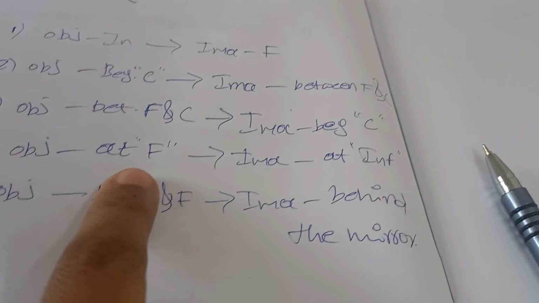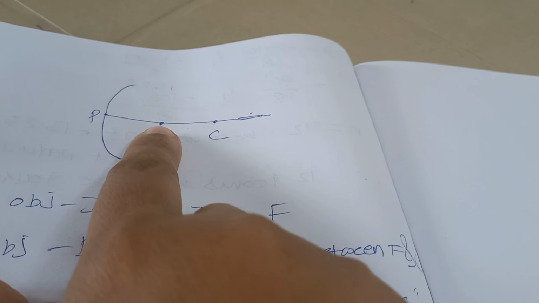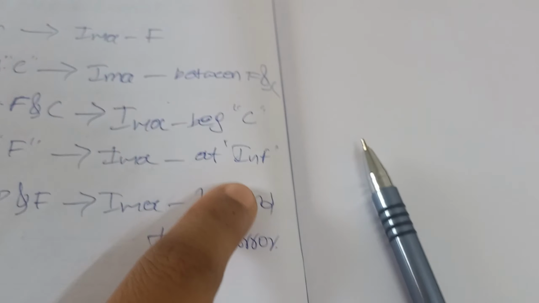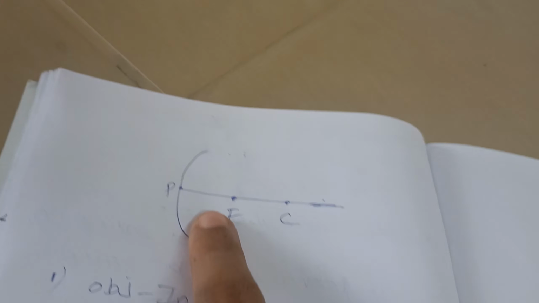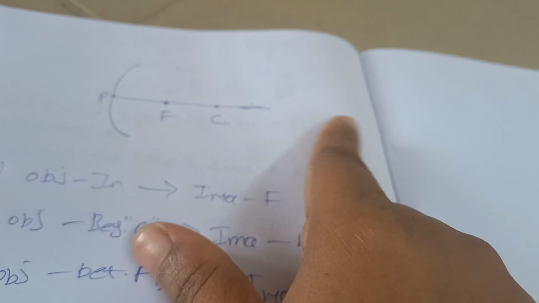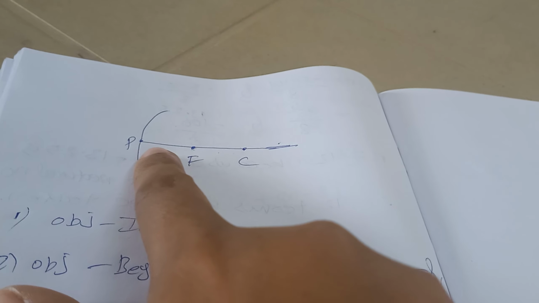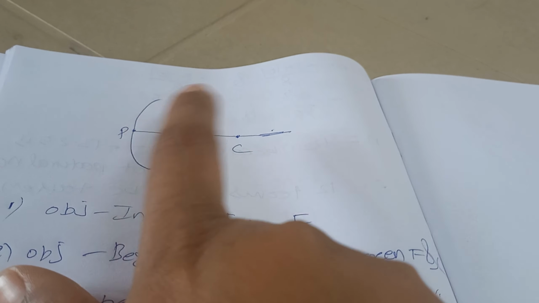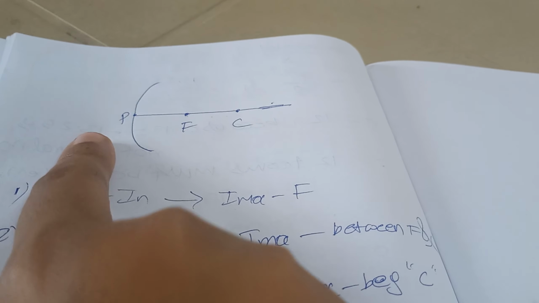Next, object at focus, image at infinity. Next, object between the pole and focus, nearer to the mirror, the image is behind the mirror.